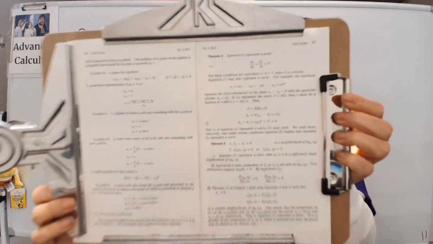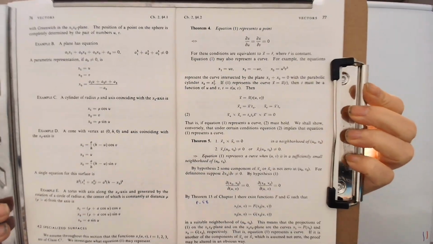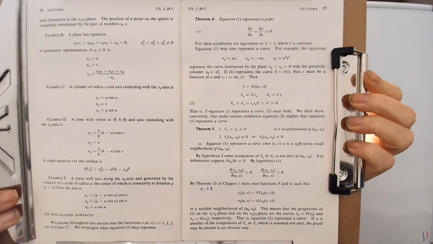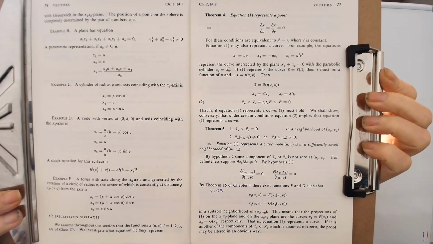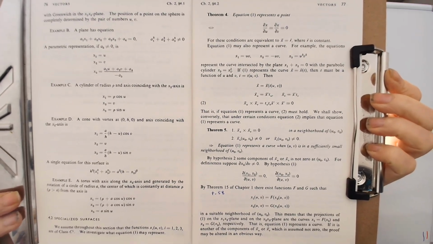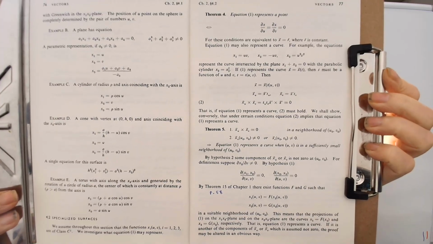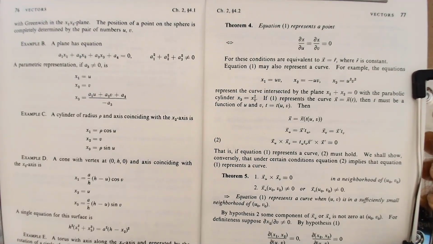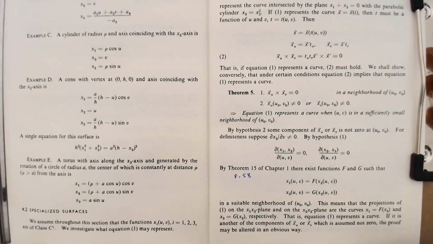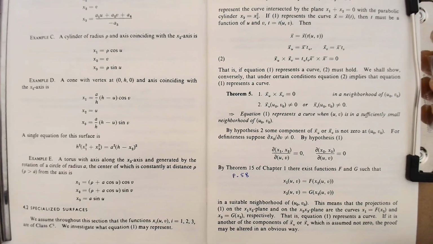Okay, next, this is page 76, 77. It doesn't seem very clear. Okay, and then a little bit to the top and bottom. All right.